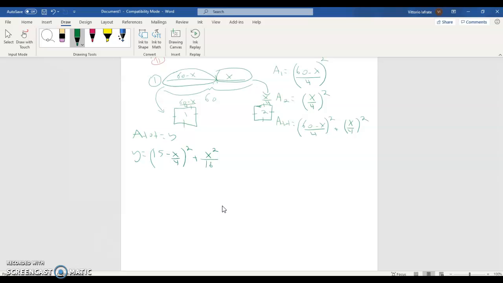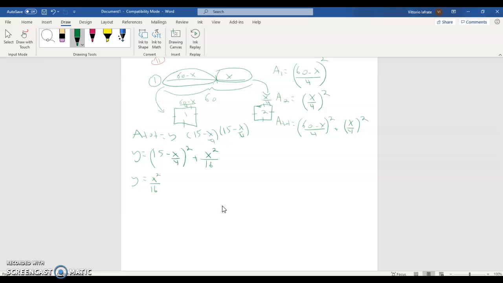And I'm going to continue expanding, so just expand this by basically writing out your 2 brackets like this, and do your FOIL. So we get x squared over 16, because it's minus x over 4 times minus x over 4.